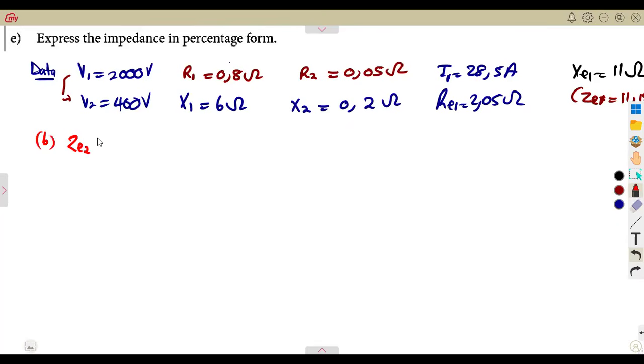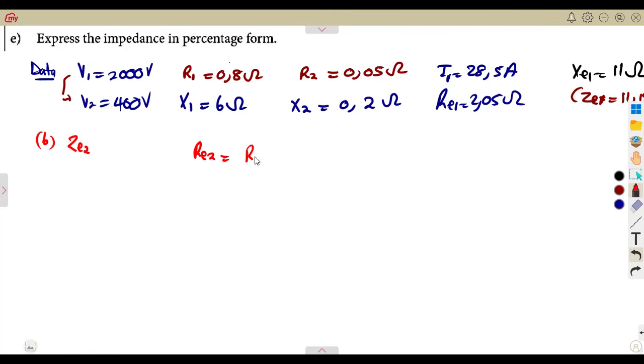So as we saw, guys, without RE, we cannot determine this. So we need RE2 and we also need XE2. That is the major part that you must relate. So let's start with our RE2. Just like what we saw previously when we calculated RE1, it is the same thing when you're considering RE2.